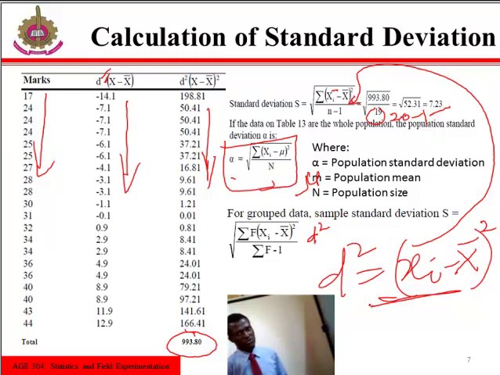Now, it is worthy to note that standard deviation is the commonly used measure of dispersion of a set of observations, and it is also referred to as the root mean square deviation. The name standard deviation implies that it is a more standard method of measuring deviations from the mean.